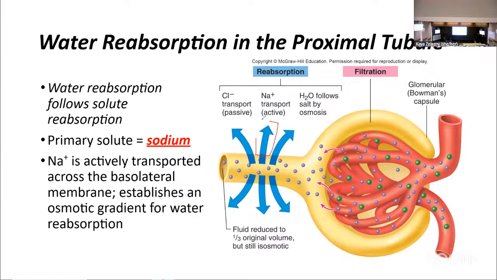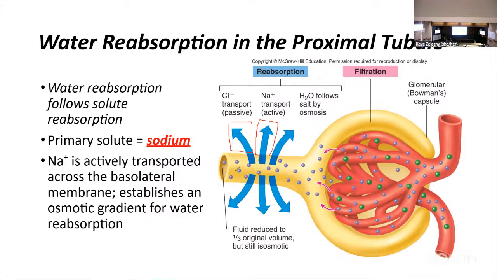So actively means using energy, but this is still unregulated because there was no hormone involved. Chloride ions are also being transported out of that filtrate, so they're another solute. This one, you don't happen to need energy to do it. Their usual concentration gradient works fine, right? And then by osmosis, right?